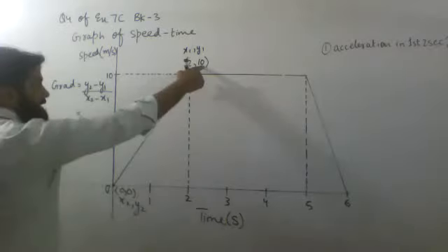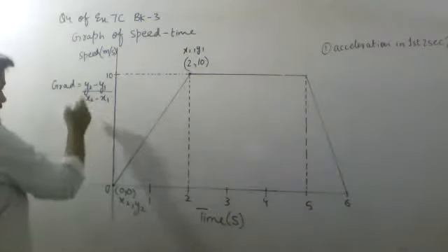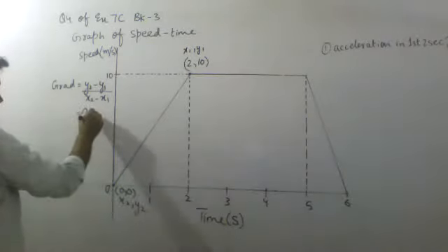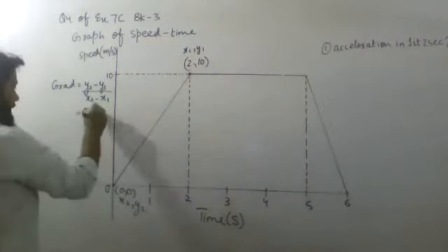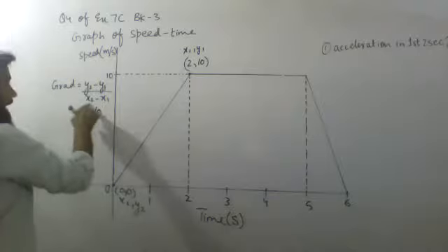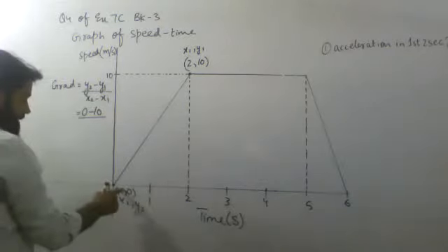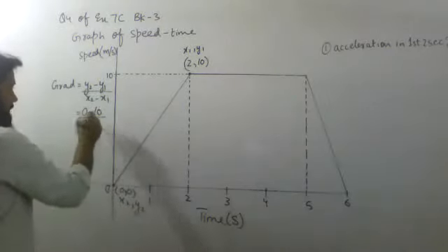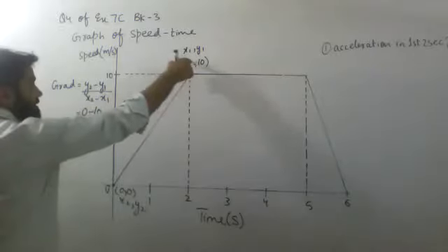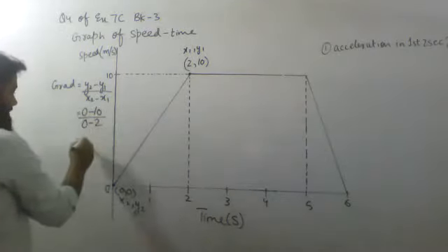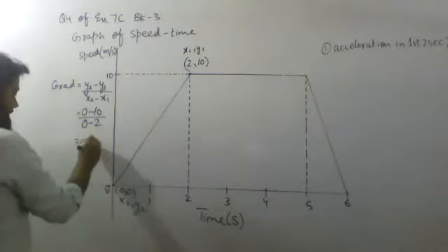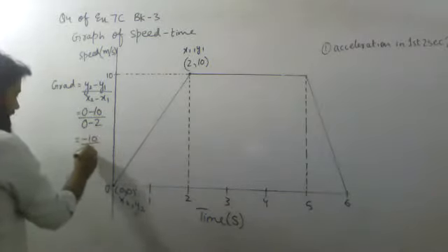Plotting it over here, y2 minus y1 means 10 minus 0 upon x2 minus x1, which is 2 minus 0.